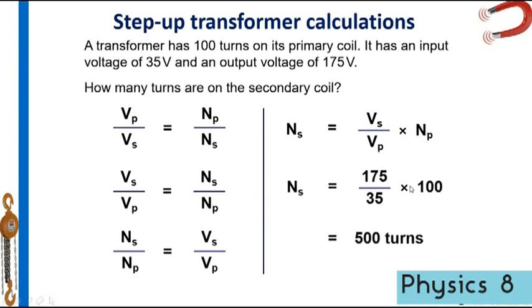And so substituting the values that we have, we know that the voltage on the secondary side of the transformer, which is the output voltage, is 175 volts. And we know that the input voltage, which is the voltage on the primary side, is 35 volts. And we know the number of turns on the primary side, that's 100 turns. So if we multiply this value by 100, what we get is an answer of 500 turns.